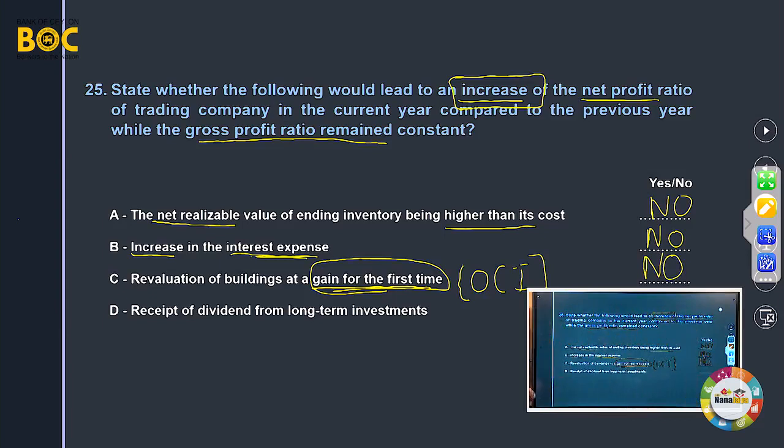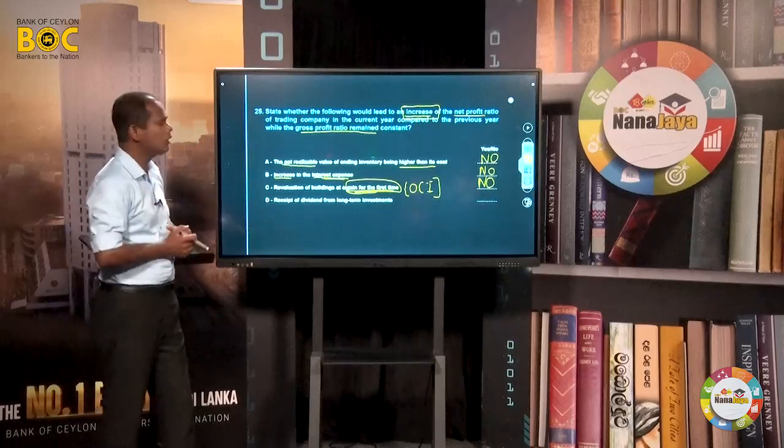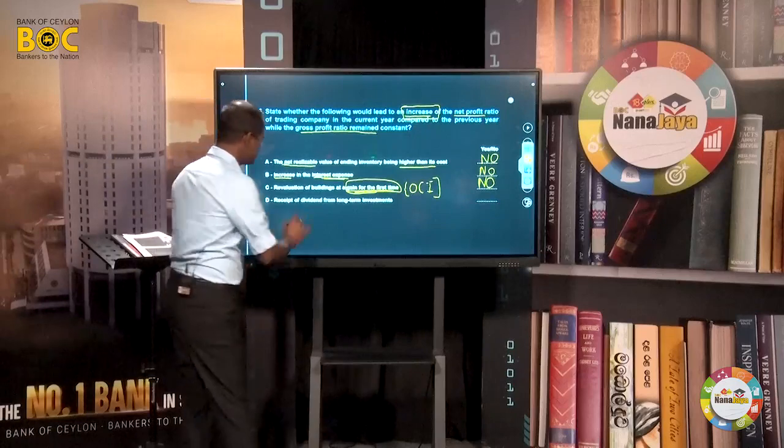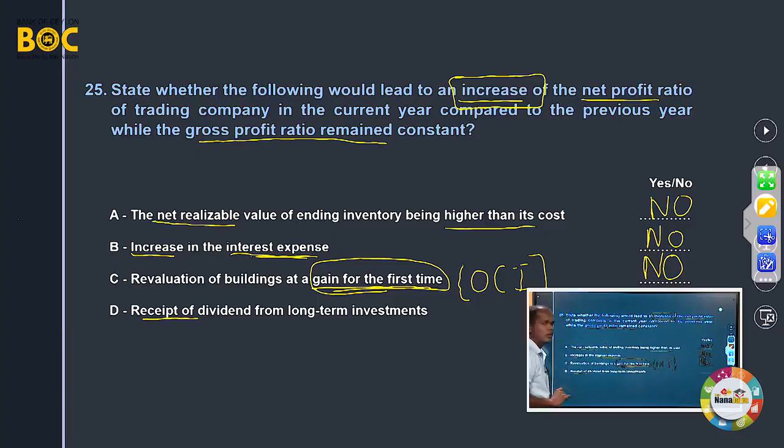Right. D, the last one, the receipt of dividend from long-term investments. You have invested in long-term assets, and you receive a dividend. The dividend received is recorded under other income.